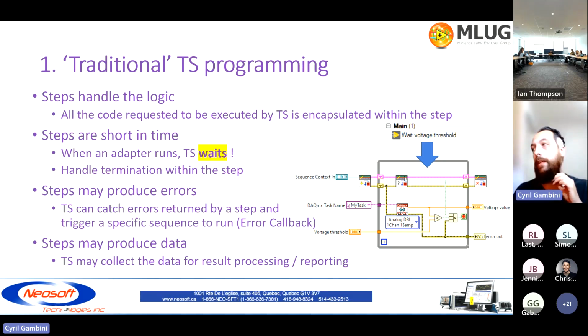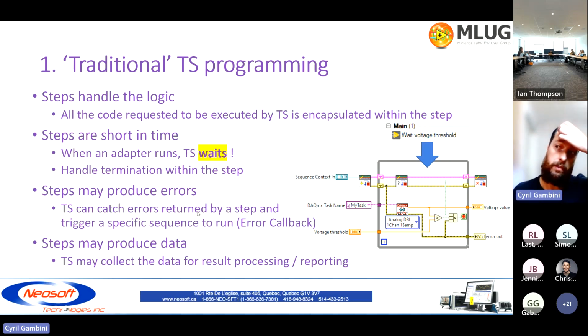We can see here a sequence execution monitoring VI, and if the user presses stop, a true value flows here that stops the while loop, and since the while loop is stopped, TestStand can get back control of the execution and nicely stop the UUT test.